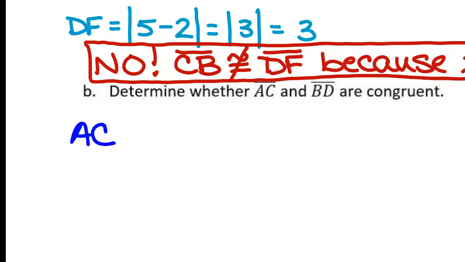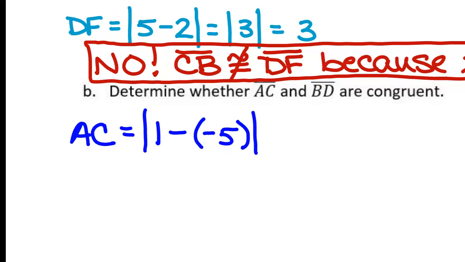So from A to C, I get the absolute value of 1 minus, because it's always minus after my first number. And then what's my second number? -5. So I have 1 minus -5.